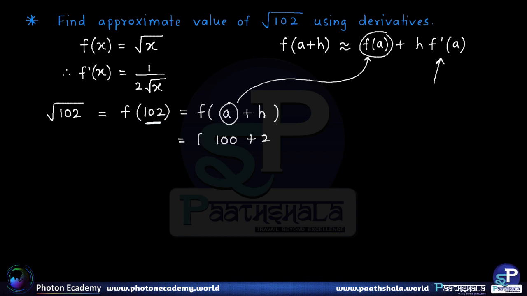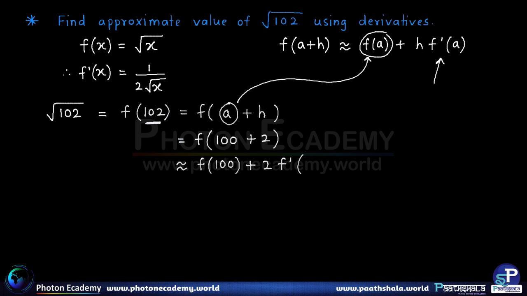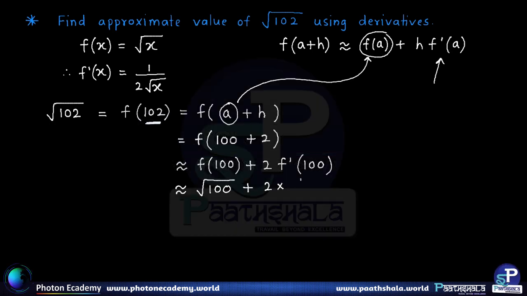So therefore what we have to find essentially is f of 100 plus 2. Now as per the approximation formula, this is equal to f of 100 plus 2 into f dash of 100, right? So that is approximately equal to, f of 100 is nothing but square root of 100 as per the definition of function, plus 2 into f dash of 100, which is 1 upon 2 root 100.